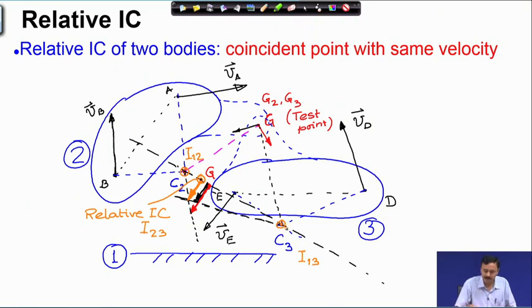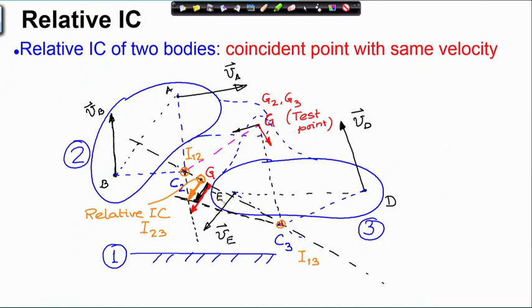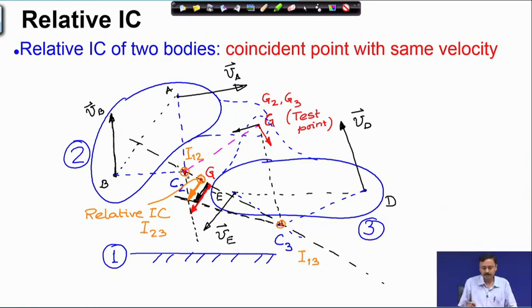So, I12, I23, I13, they all lie on one line.